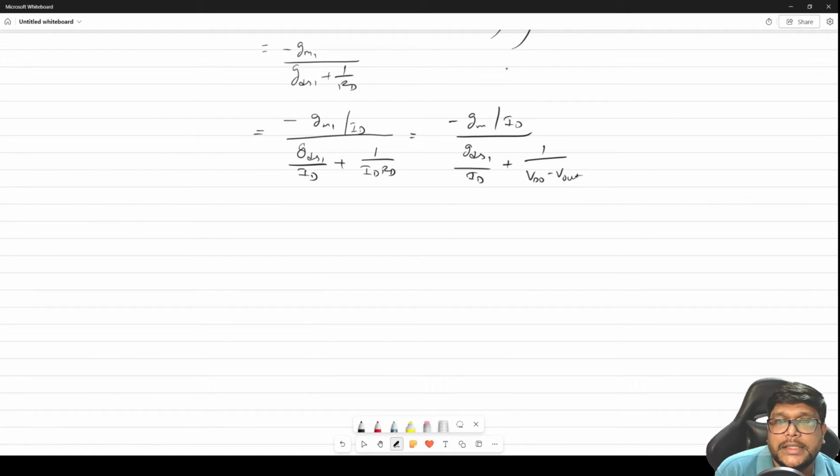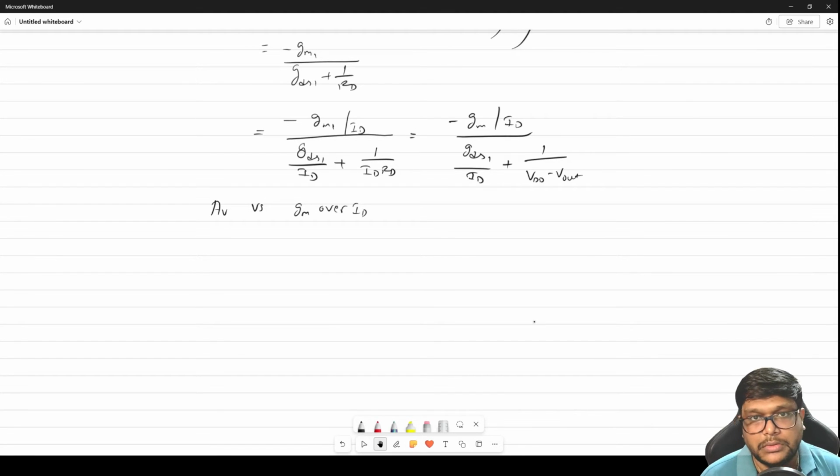Okay, so this is now our gain equation. So if we find this AV versus GM over ID, then I can get a gain of 10 wherever I want. Okay, so now we understood what we need.